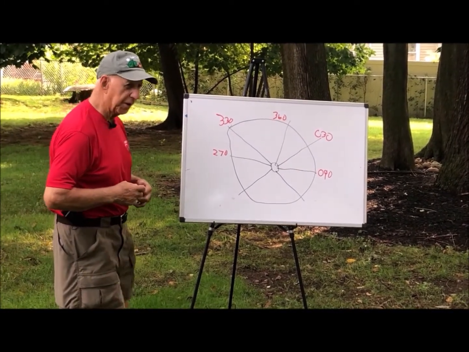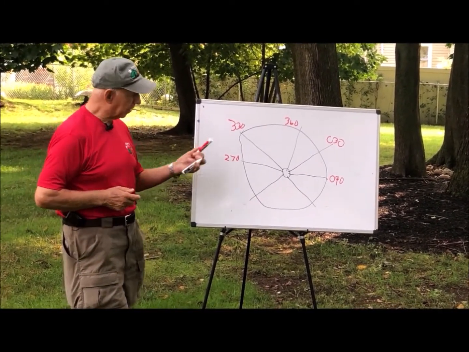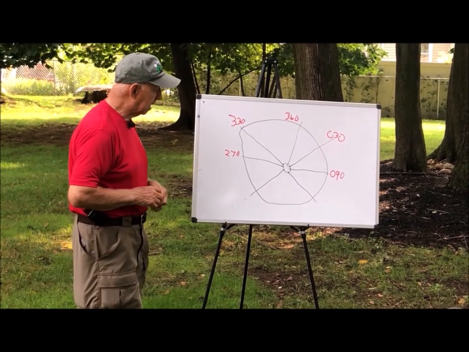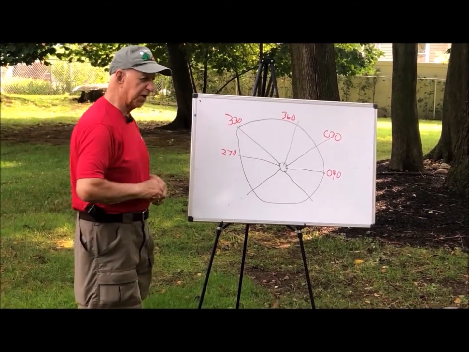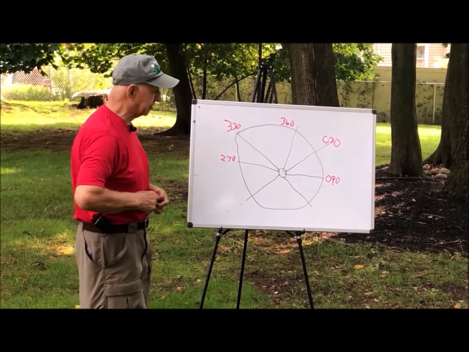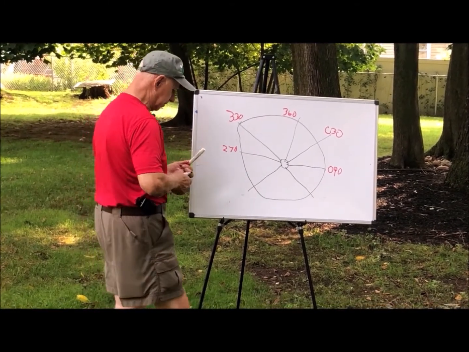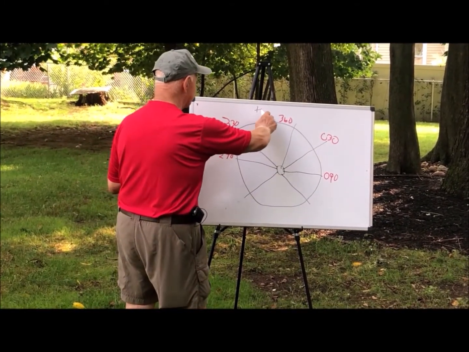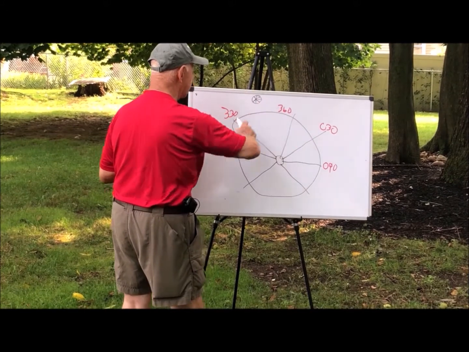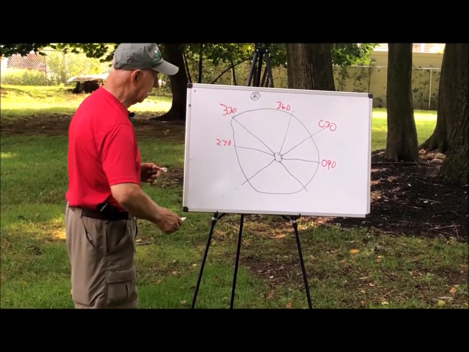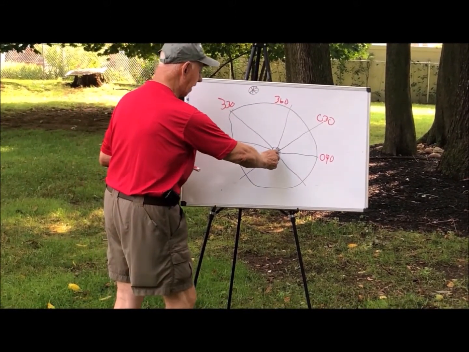Now somewhere out here, somewhere in the upper part of this quadrant, that's where we think our scouts might be. So we have a lost scout. Let's put the lost scout right here. That's the lost scout. Now our searchers are right here.